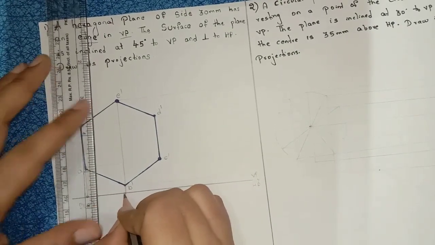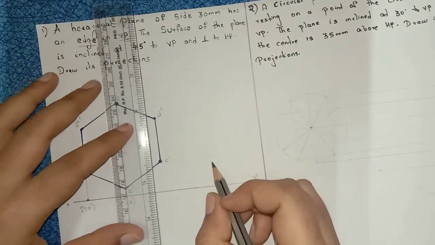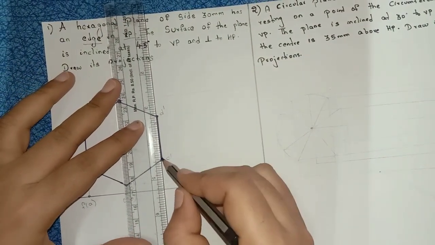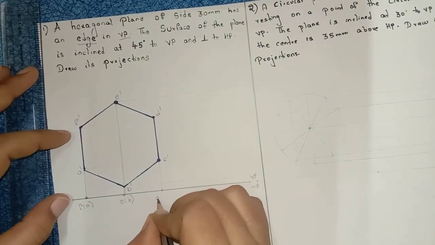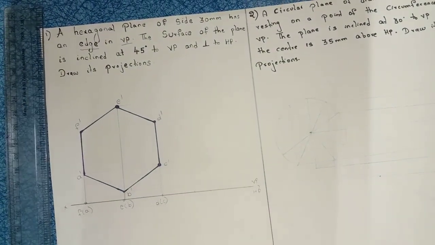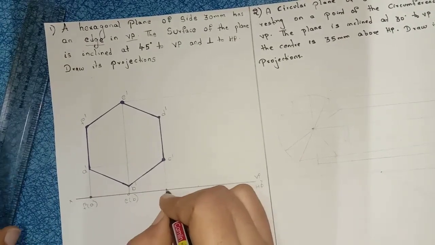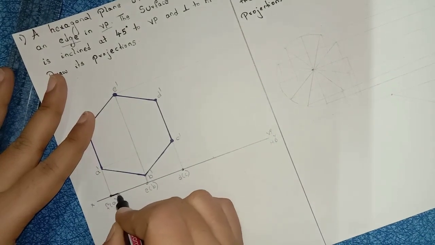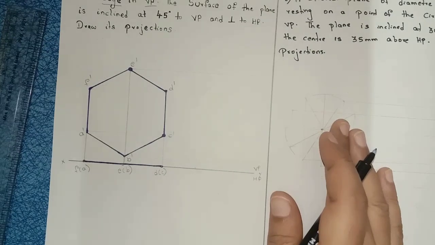Name this point here, starting point is E of B. Again from D dash and C dash project the line till this reference line. Name this point as D of C, right? Now this is the starting point, this is the ending point. Draw a straight line and join this one.